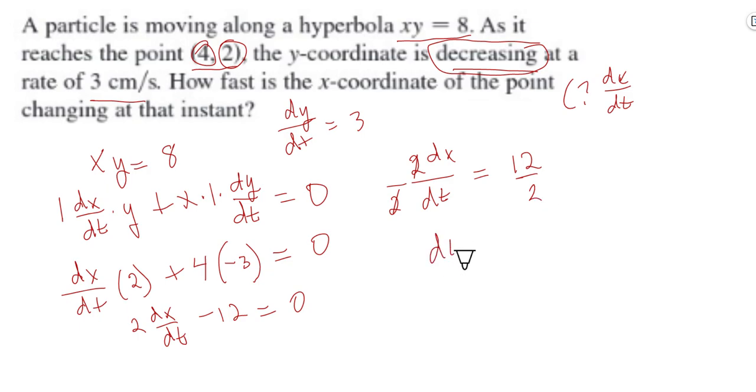So dx/dt is 6. And it's a positive 6, so x is increasing as y decreases. Doesn't that make sense that if we're going to multiply two numbers and they're going to equal 8, as one gets bigger, the other has to get smaller, so that they get this constant of 8? So it makes sense, I guess, if you think about it.